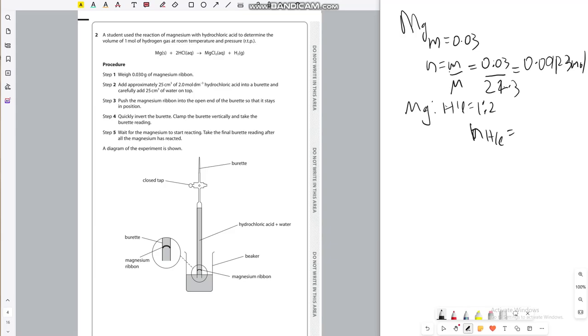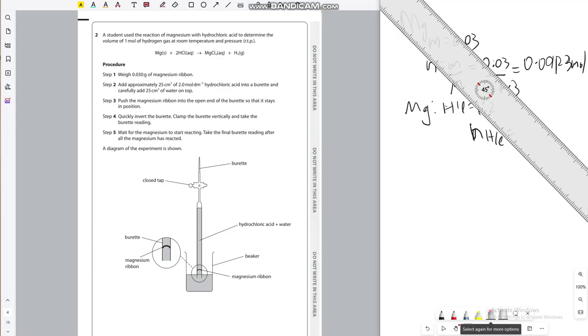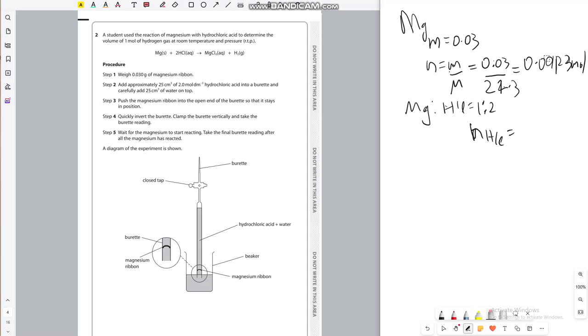I'm sorry about the mess here. So 0.00123 has to be multiplied by 2. You can use the calculator and do it. 0.00246 moles is required, right?